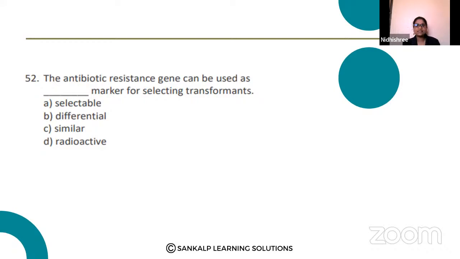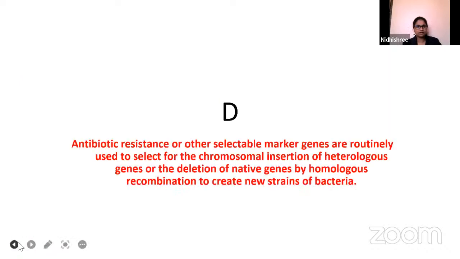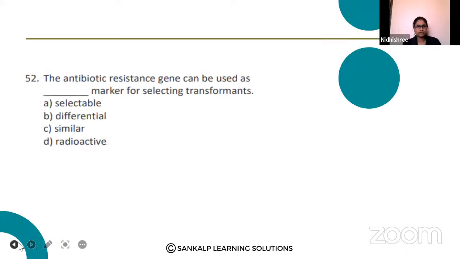Okay, those answers are answered by Deepthi, Ramya. Okay, only two. Lohit, Chandru, Sagar. Okay. The right answer is option A, that is selectable.